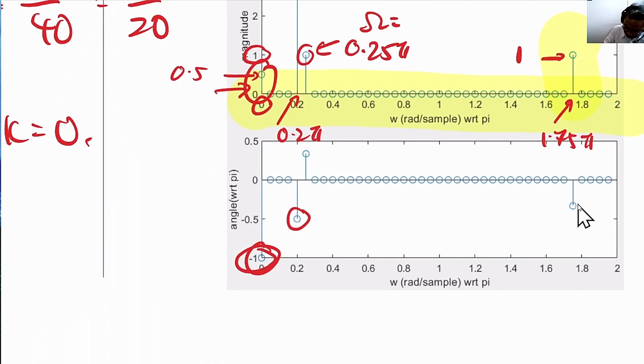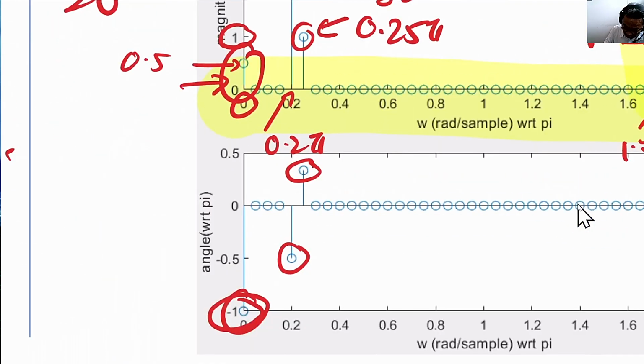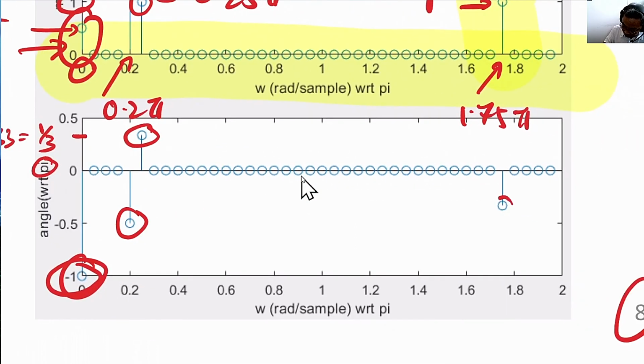The phase is pi over 3, so this is 1/3, 0.333. Remember that we are plotting the vertical axis with respect to pi, so this is plus 1/3. The other guy is sitting at minus 1/3.